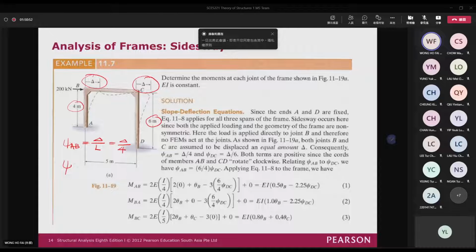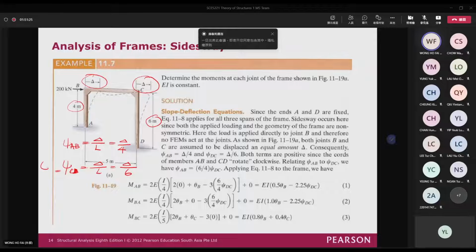And the phi actually is equal to delta divided by L again, so it is delta divided by 6. Now actually we have two, I call them phi AB and phi CD. And then I want all of them to be in terms of delta. Sorry, this is CD, not CB.